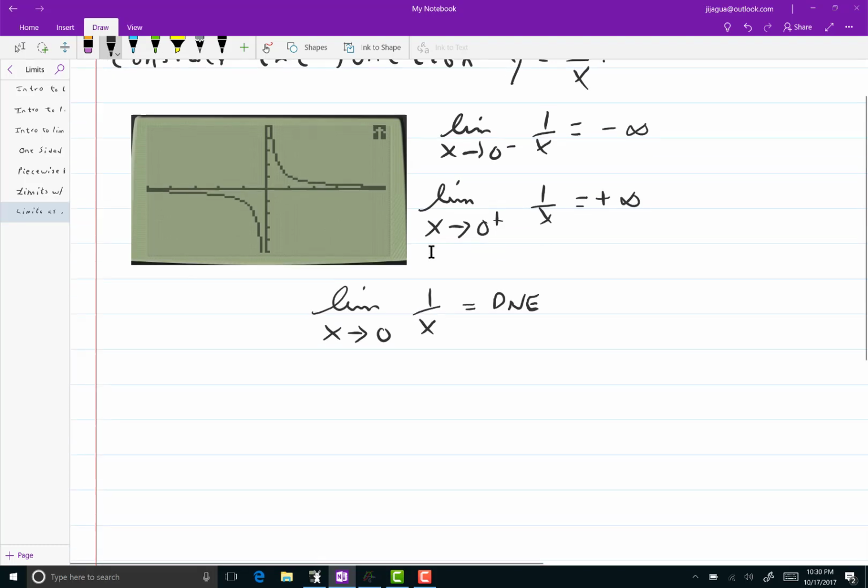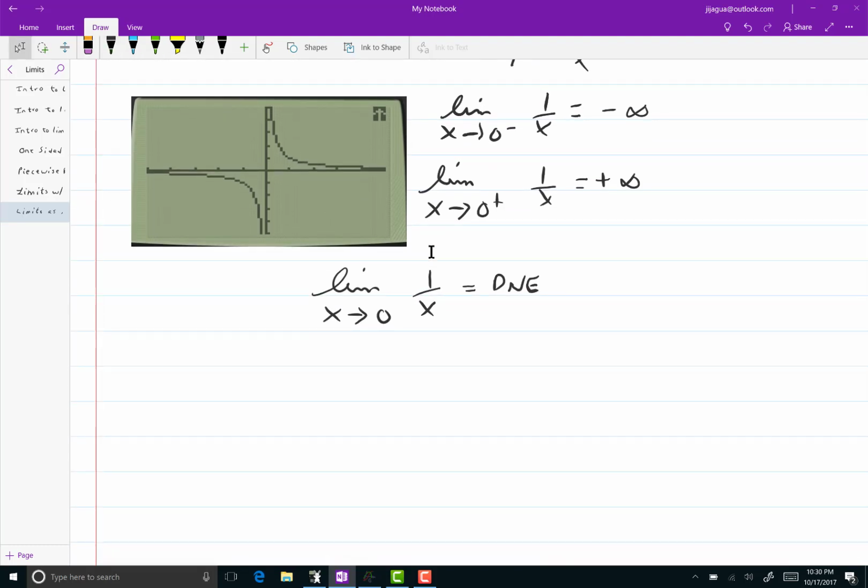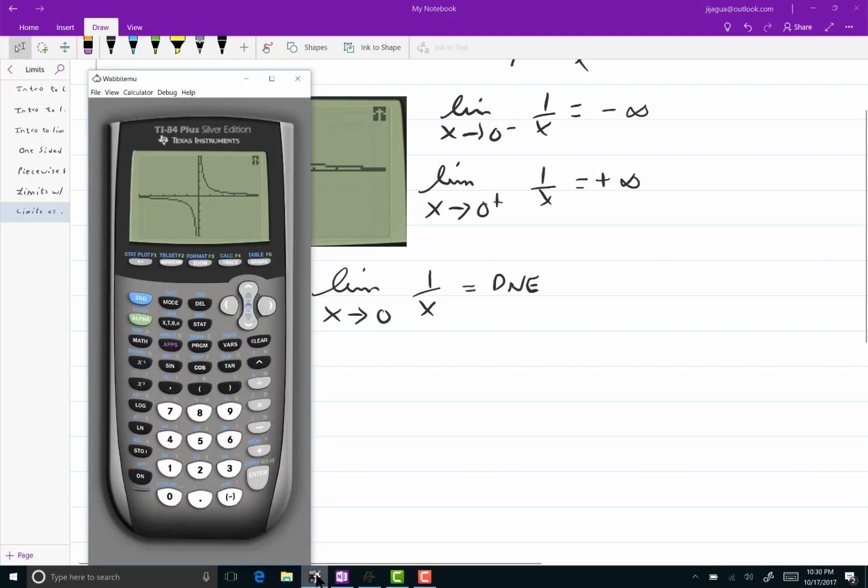The relationship between 0 and infinity is a very interesting one, and this graph seems to have it all in one. Because as I go to 0, 1 over x is going to infinity or negative infinity. But now if I let x go to infinity, let's take a look at some values.